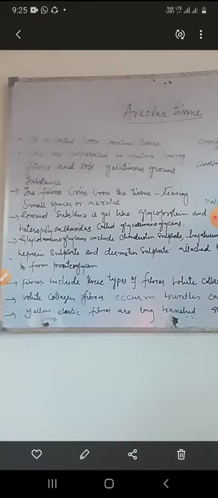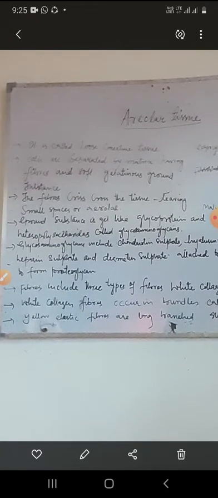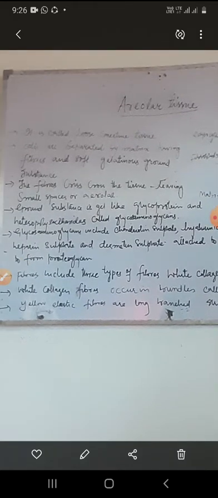And the ground substance of areolar connective tissue has a matrix, and the cells and fibers are separated. The fibers crisscross the tissue, leaving small spaces or areolae. That's why it's called areolar connective tissue.